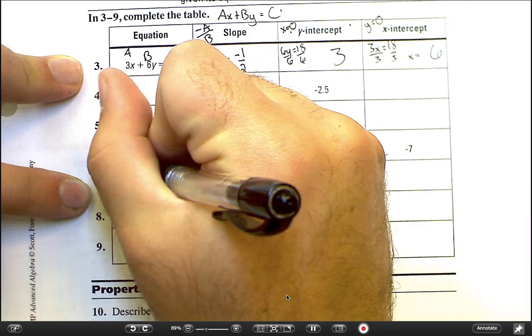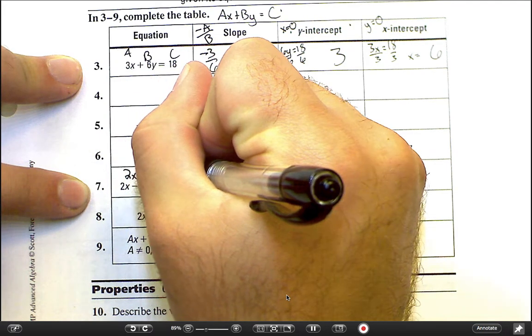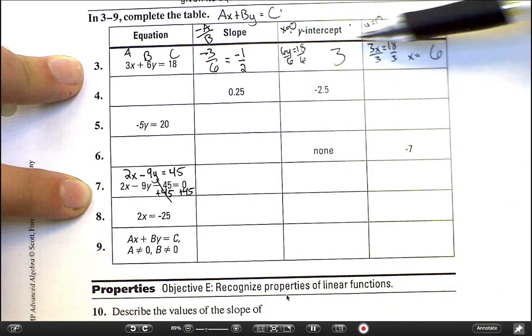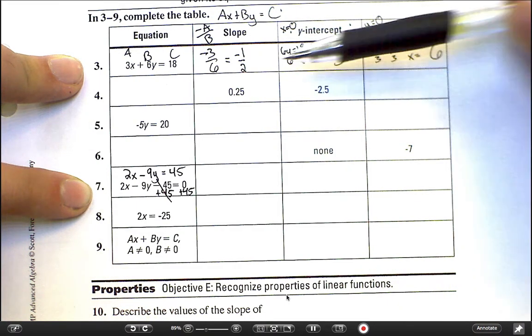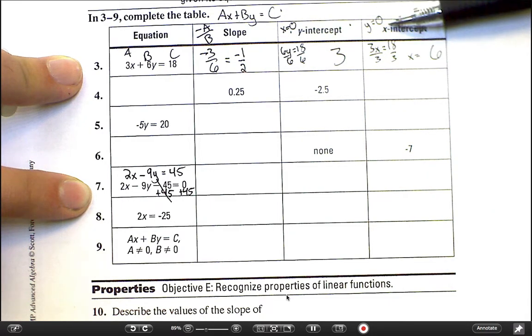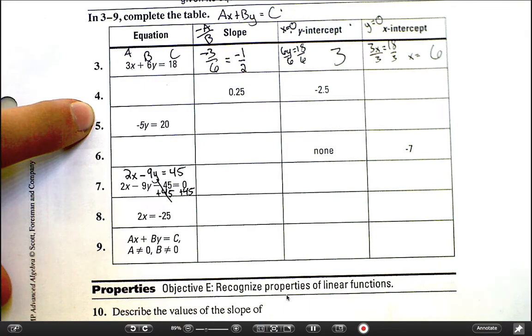Now I'm truly in standard form because I have 2x minus 9y is equal to 45. From here, your three things are still going to be the exact same. Find negative a over b, plug in 0 for x, and 0 for y, and you'll have your three pieces. I'm not going to do that one for you. I want you to figure that one out for yourself.